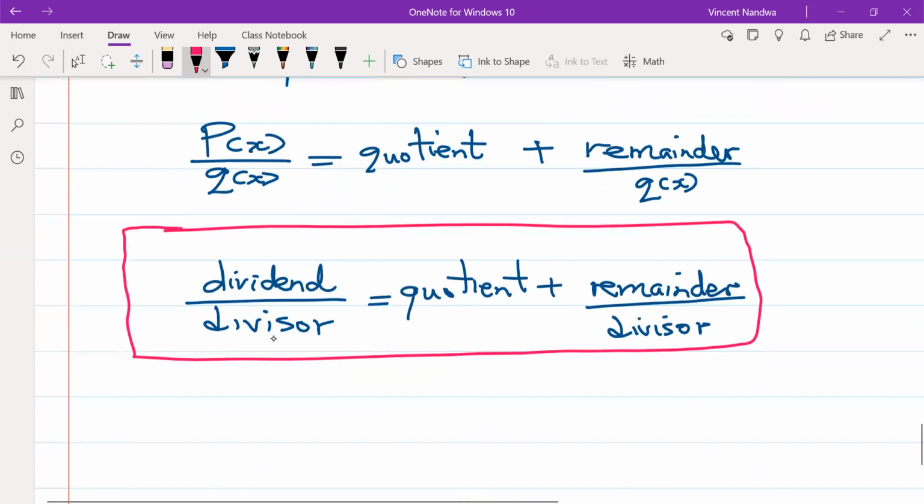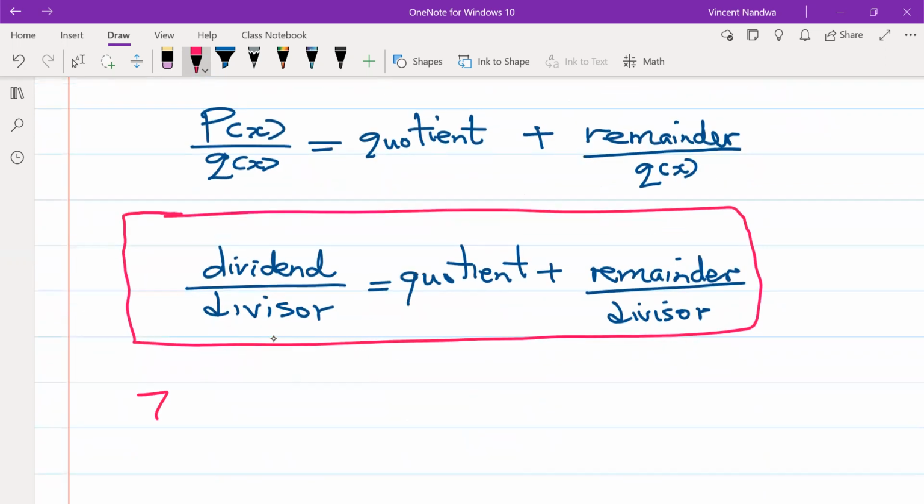For example, if you are asked to divide 7 by 2, this is normally what we write. The closest multiple of 2 is 6, 3 times, and then the difference is 1.